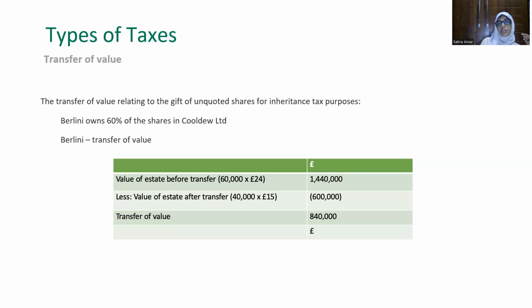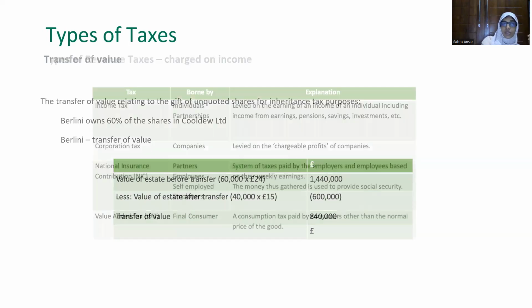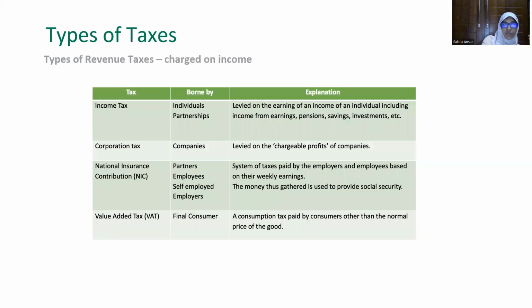So basically 60,000 into 24 pounds would be 1,440,000. And we will be reducing the estate after transfer, which is 40,000 into 15 pounds, which is 600,000. Therefore, the transfer value would be 840,000 pounds. So that is how we calculate the transfer value.